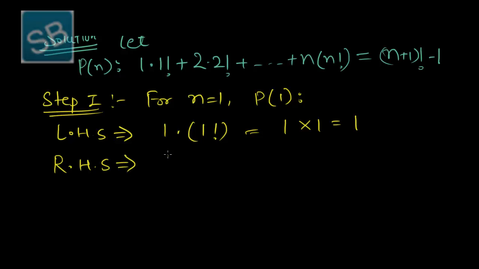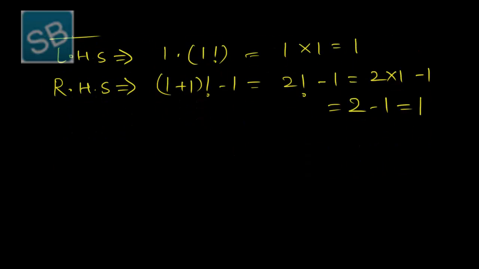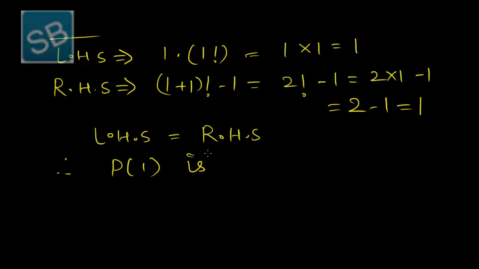That is 1 plus 1 factorial minus 1, that is 2 factorial minus 1. 2 factorial is equal to 2 into 1, minus 1. That is 2 minus 1 is equal to 1. Then we can say that left hand side is equal to right hand side. Therefore, we can say P1 is true.